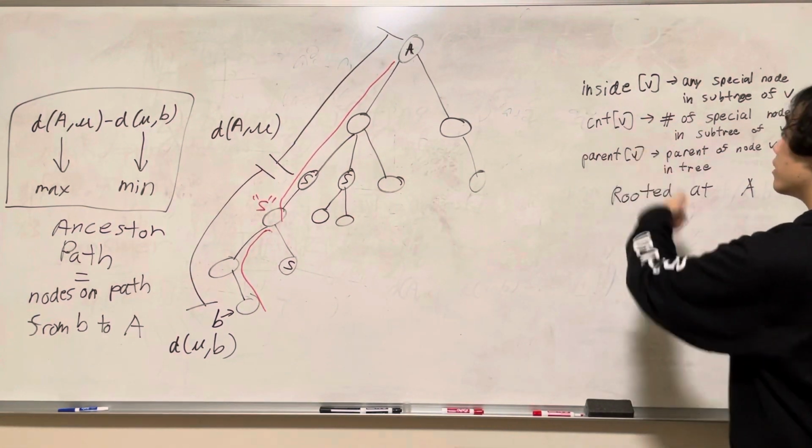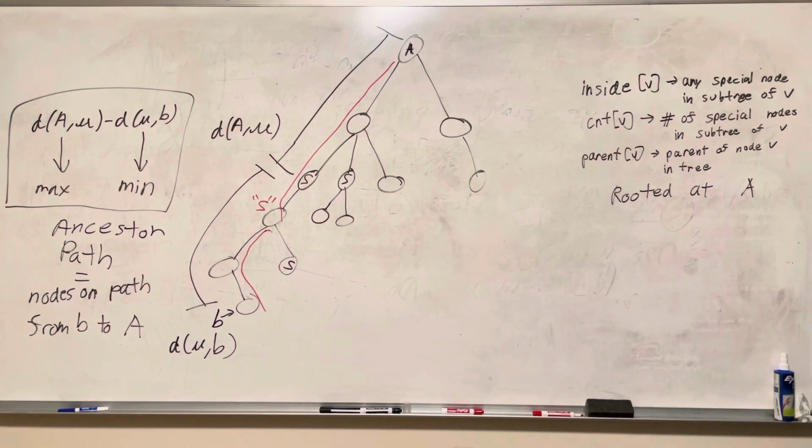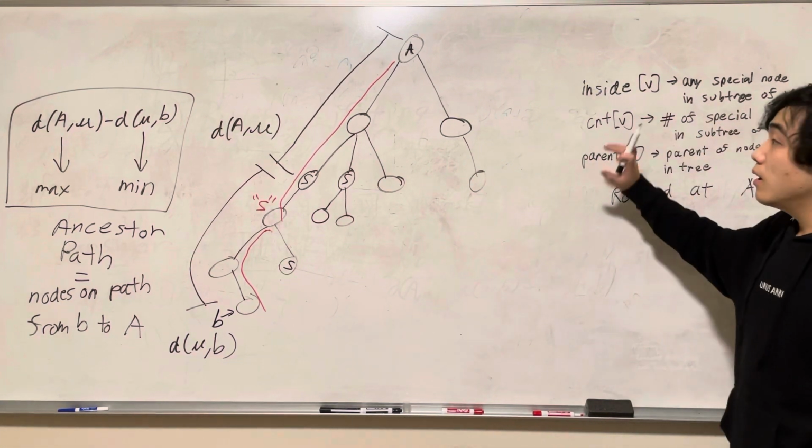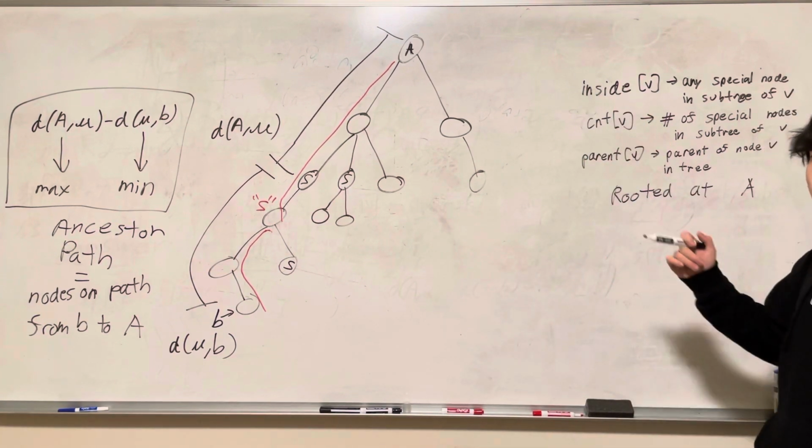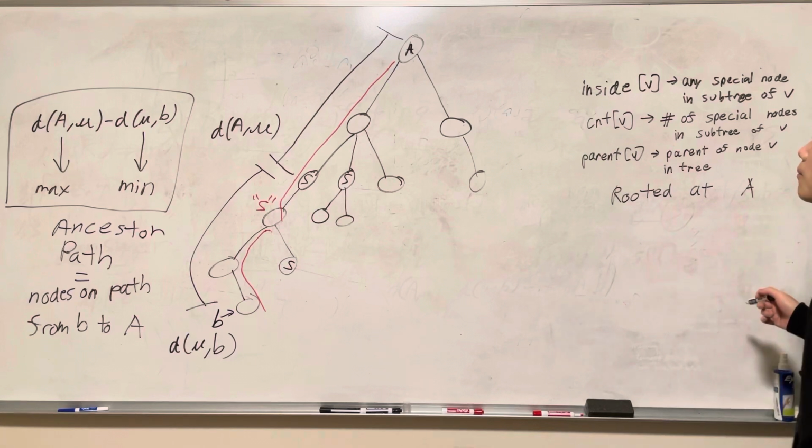This count function over here is a very well-known tree DP type of thing, where the number of special nodes in a subtree of V is equal to the count of all of its children plus 1 if V is a special node itself.